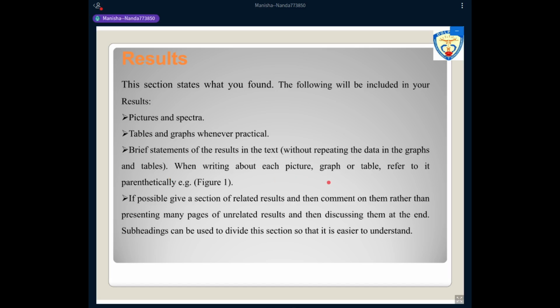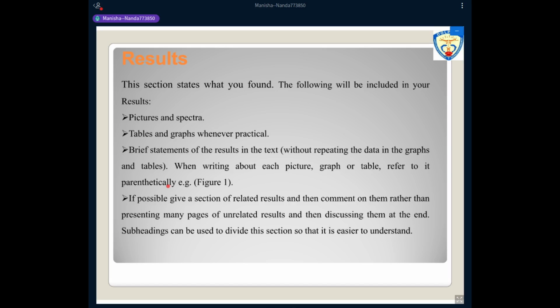When writing about each picture, graph, or table, refer to it parenthetically. Like, for example, we were talking about the effect of temperature on DNA stability or DNA denaturation. Suppose you have represented the trend with the help of a graph, and that is the first figure in your work.